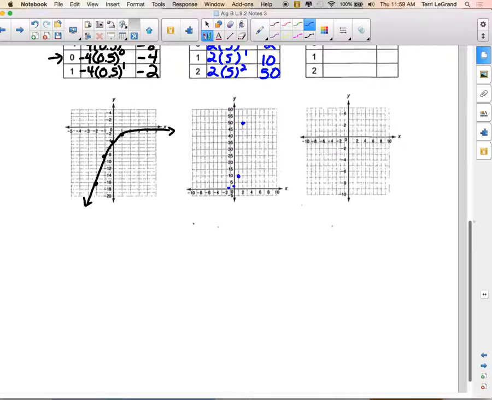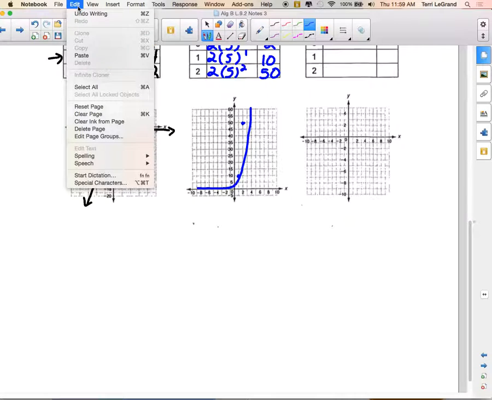Then after you have your 4 points, you say, I gotta draw a curve that's only gonna be in quadrants 1 and 2, but it's gonna be hugging the x-axis. Oh dear, I didn't do a very good job.